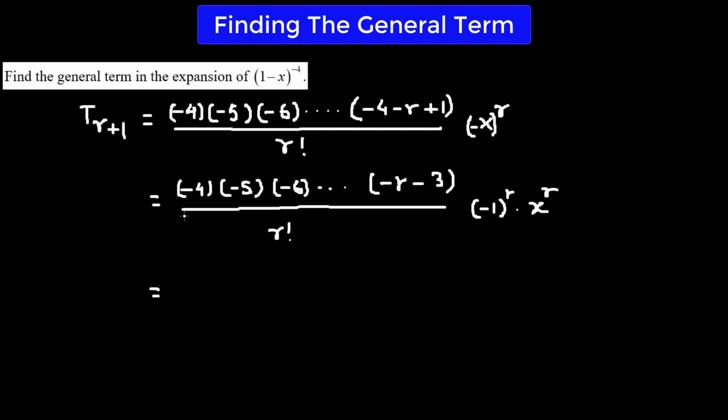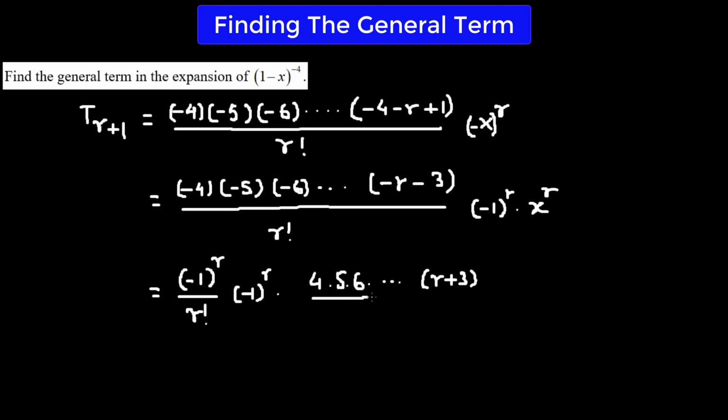And we pull out all the negative ones from each of the terms, so that would give us negative 1 raised to the power of r over r factorial, and we write this negative 1 in the front, so we'll be left with 4 times 5 times 6 all the way up to r plus 3 divided by r factorial times x raised to the r.